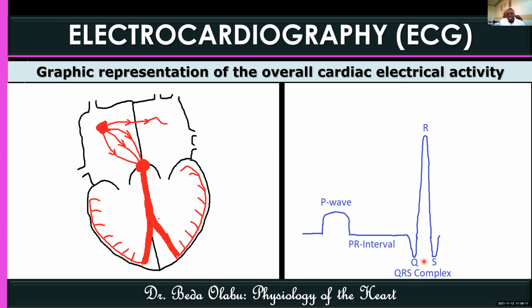On the ECG, that is reflected as another flat wave. We call that the ST segment. So the ST segment represents the plateau phase of the ventricles. That period when the ventricular musculature is in a sustained period of depolarization. The aim is to ensure that now another action potential does not come to make it contract.